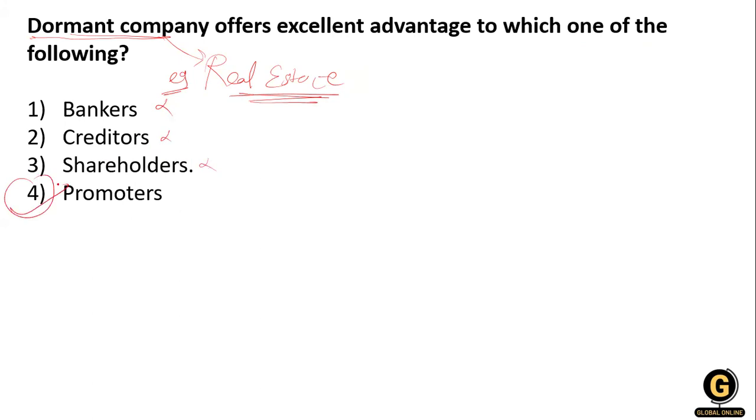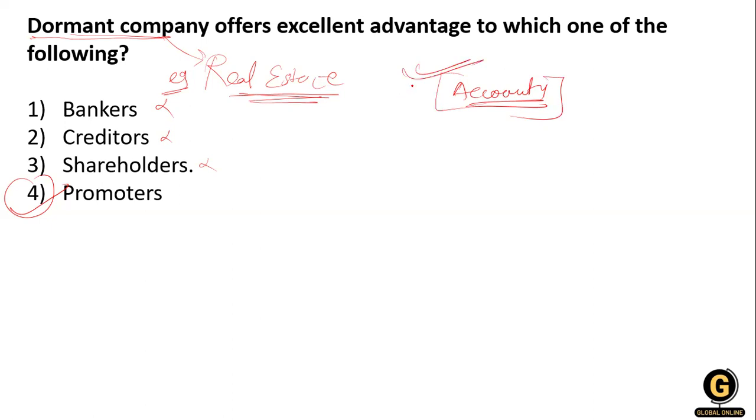The promoter has an advantage in the dormant company, because it enables a promoter who seeks to start a company for a future project, or hold an asset or intellectual property rights, without having any significant accounting transaction. And one more thing: a dormant company does not require maintaining daily accounts.